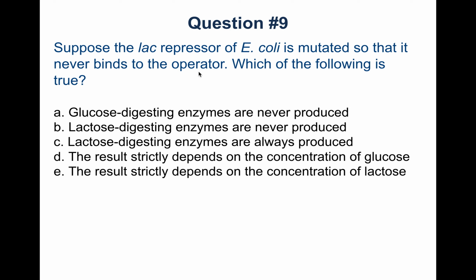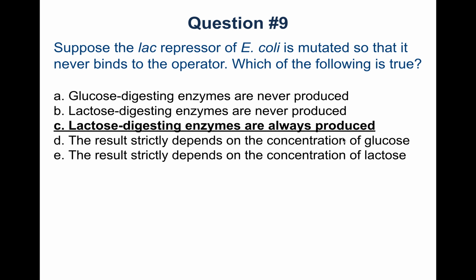That means the operon is never repressed, and therefore it will always be on and always be making the enzymes needed for lactose digestion. Okay, so lactose digesting enzymes will always be produced. It doesn't digest glucose. That's not what it's for. The lac operon is specifically for breaking down lactose.